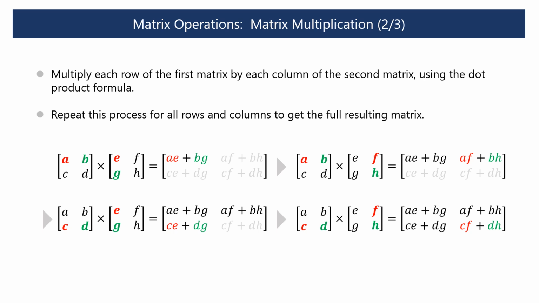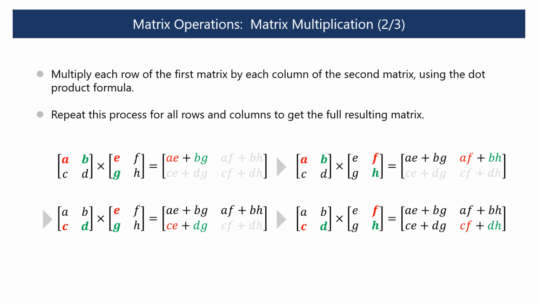To multiply matrices, we need to follow these steps. First, check that the number of columns in the first matrix equals the number of rows in the second matrix. If not, the multiplication is not possible. If this condition is satisfied, multiply each row of the first matrix by each column of the second matrix, using the dot product formula.